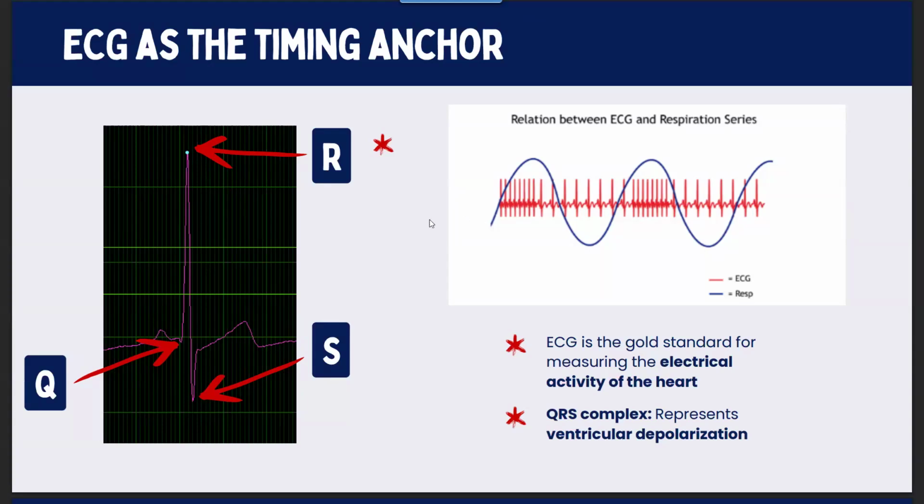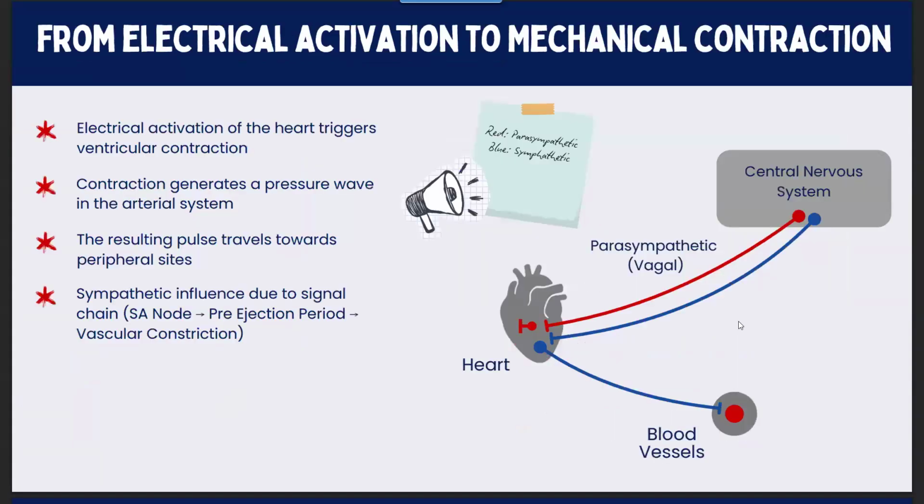And most commonly, when looking at ECG, the metric that is getting reported most is respiratory sinus arrhythmia, where we're able to see that via the vagal nerve activity with the SA node of the heart, how we're able to speed up and slow down our heart rate as a product of respiration. So when thinking about ECG in relation to PPG, we need to really think about and ground ourselves in the physiology for what's everything that comes after electrical activation of the heart.